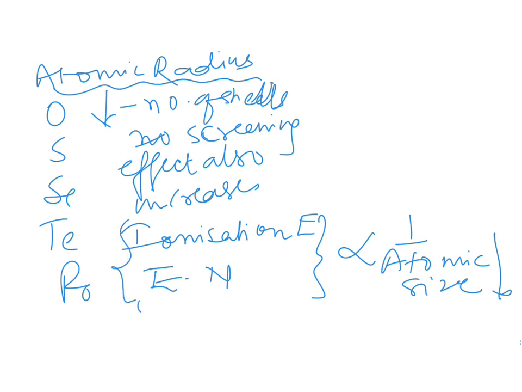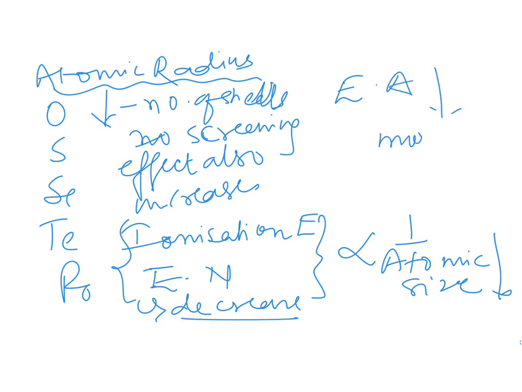These two properties will decrease down the group. Then electron gain enthalpy also decreases down the group, or we can say it becomes more and more negative down the group.